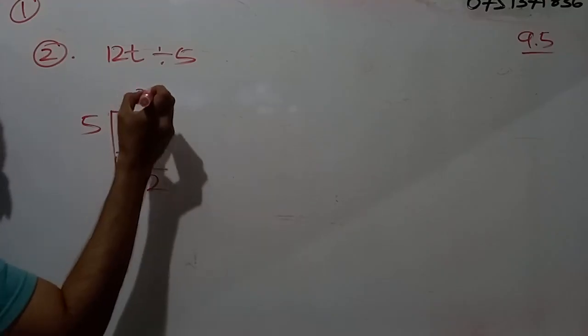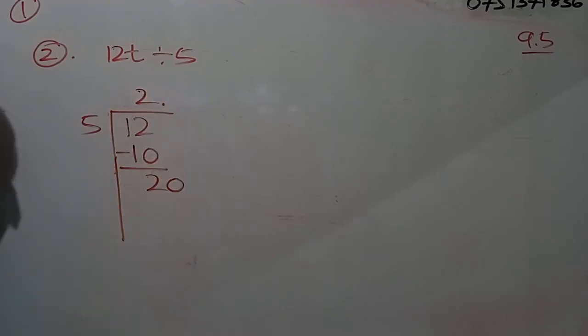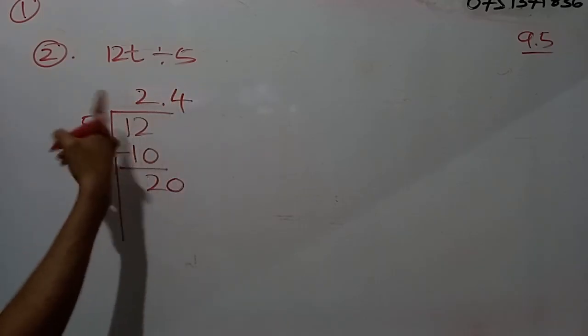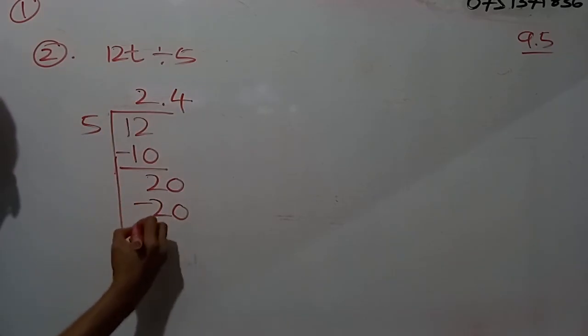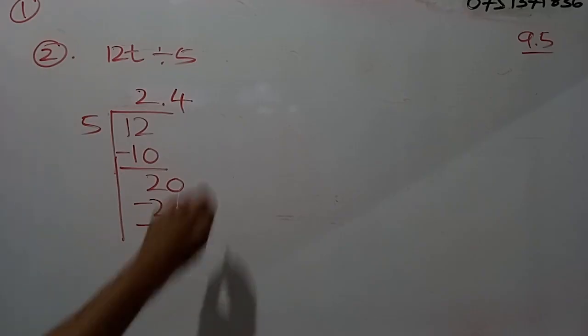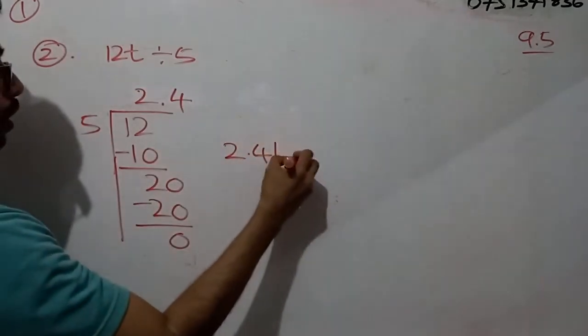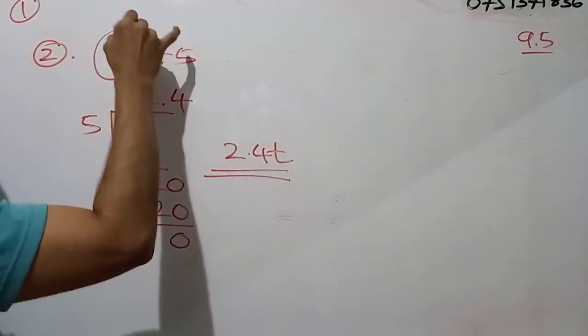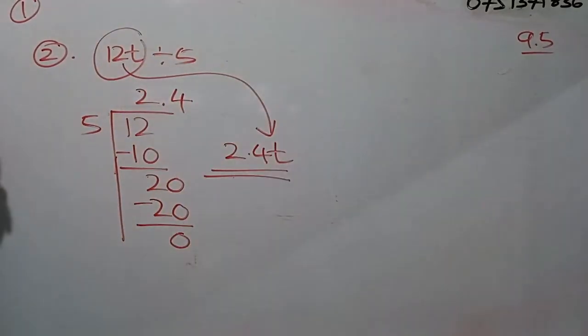What do we do? Put a decimal point, then take a 0. How many 5s are there for 20? Exactly 4. 5 times 4, that is 20. 20 minus 20, we get 0. So here the answer is 2.4 tons.